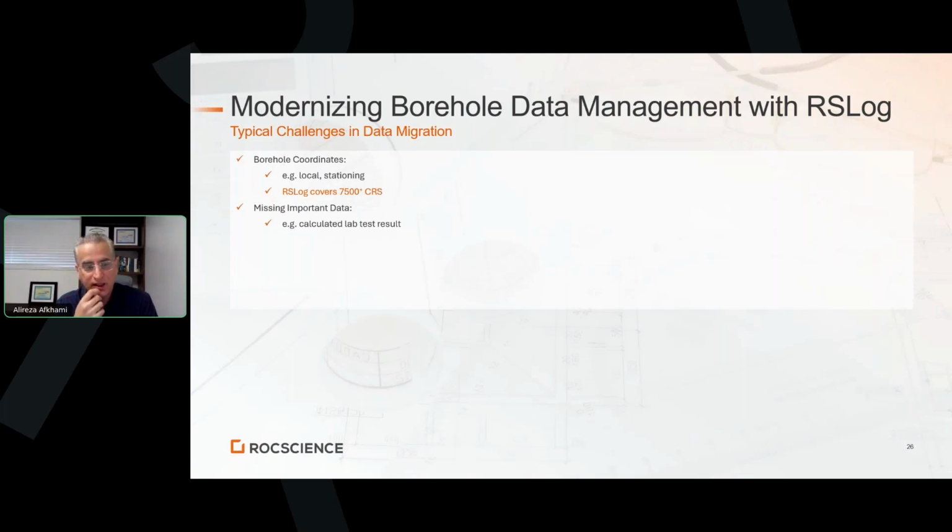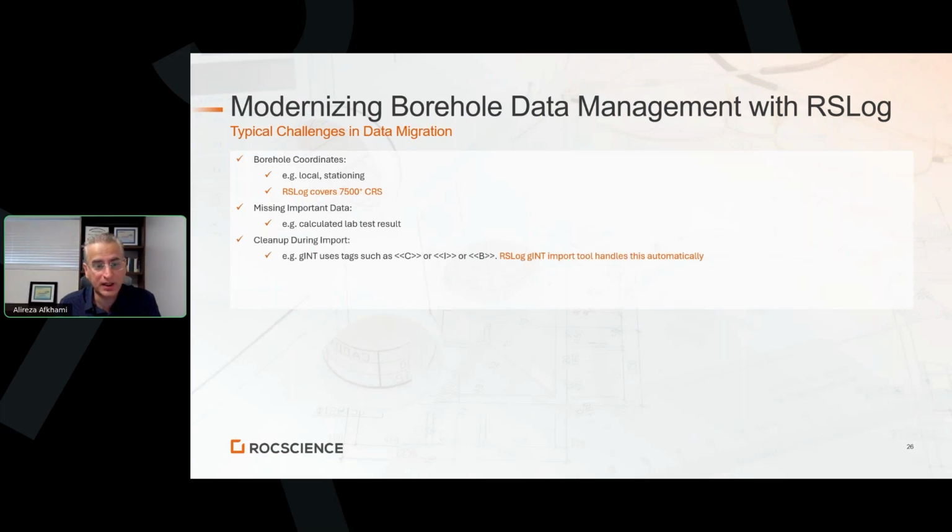I've seen gINT files that have only raw test readings, say for Atterberg limits, but they don't have the final LL and PL in the gINT file. It's not stored because it was calculated at runtime when they were using gINT. They decided not to save it.